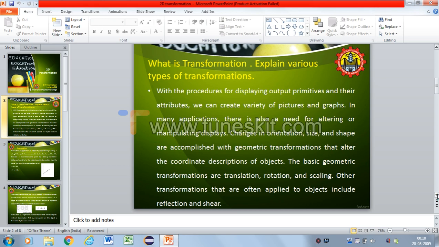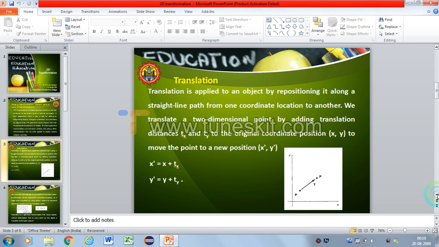One is reflection and another is shear. Now, in today's lecture, we discuss two transformations. One is translation and another is scaling. Right, class? First is translation.